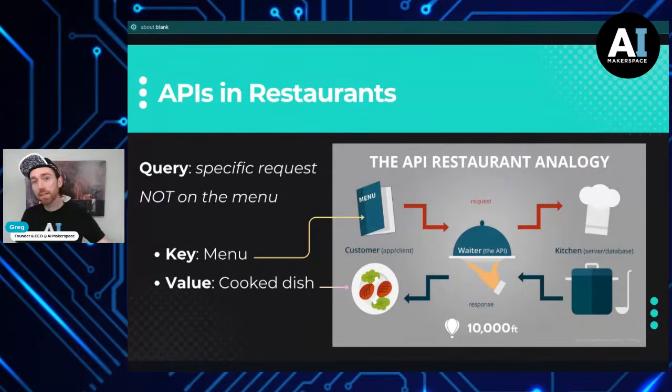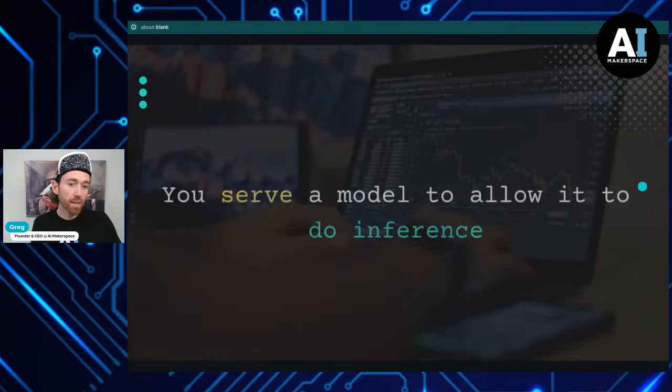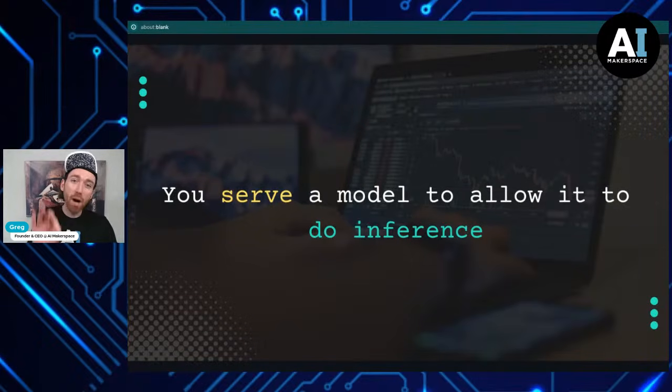You ask for something, that's the query, you get the value at the end. All right, put a pin in this. We'll come back. Now, to summarize inference and serving, you serve a model to allow it to do inference or perform inference for others. All right, easy.